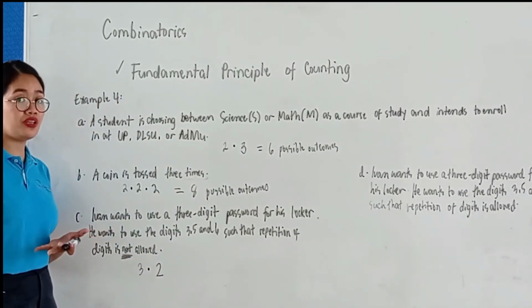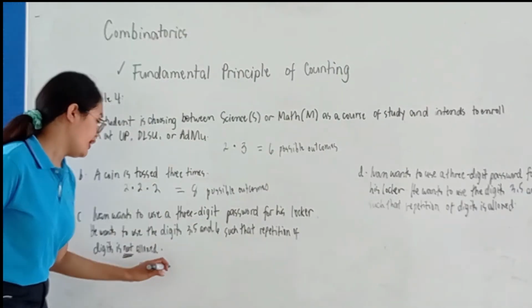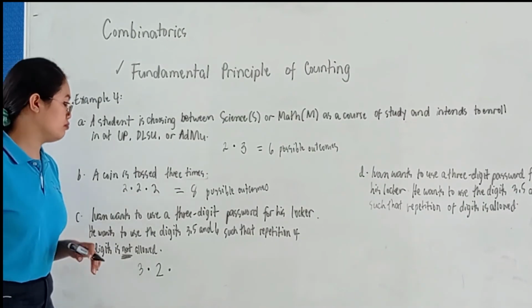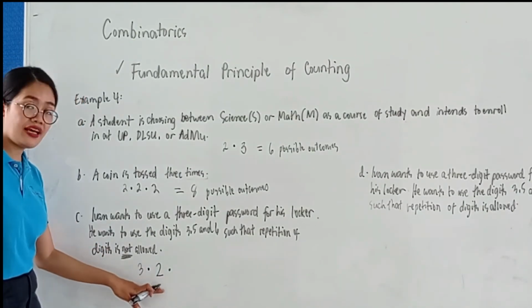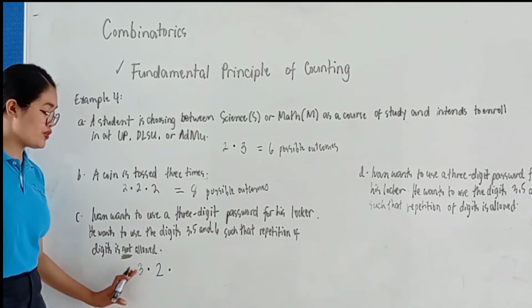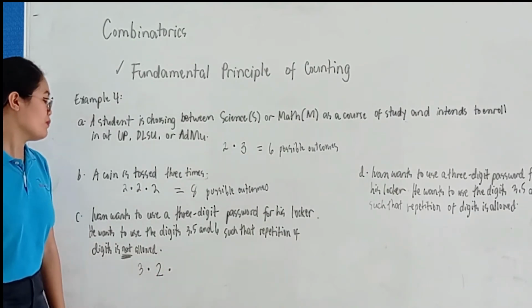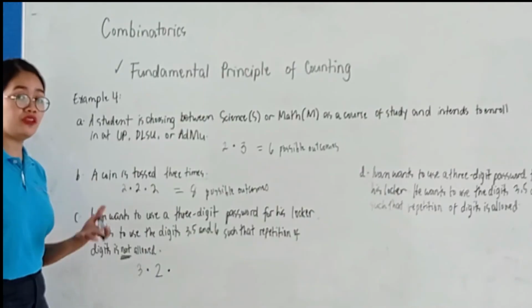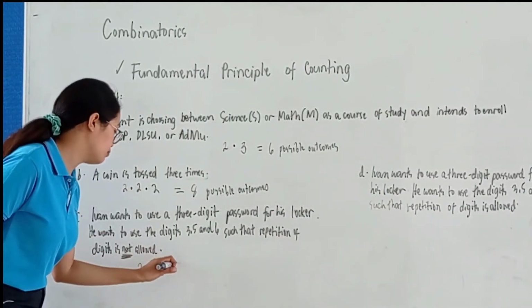Choosing the second digit will give us only 2 options. And lastly, choosing our third digit, since we already have 2 digits for the first and second positions, you're only left with 1 possible digit for the third position.